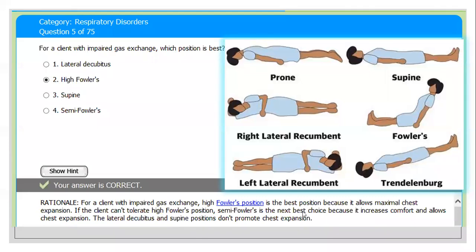And this position is called Trendelenburg position, right? The person in Trendelenburg position is lying supine with their head slightly lower. Usually, if the patient needs more blood supply to the brain, like in shock, we put them in Trendelenburg position.